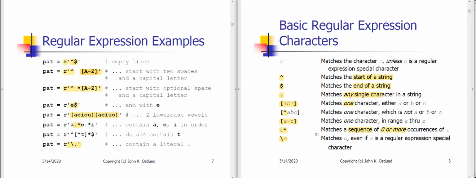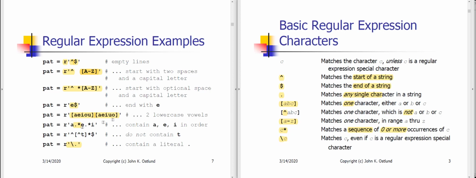We've seen that if the caret is the very first character in the pattern, that is the beginning of line anchor. However, if the caret is the first character inside of square brackets, what it means is that you're interested in matching a character which is not one of the characters between the square brackets. So it's inverting the test.